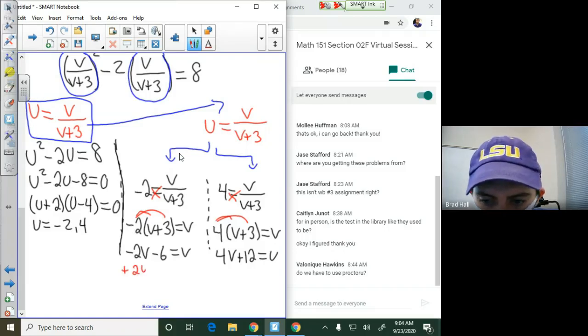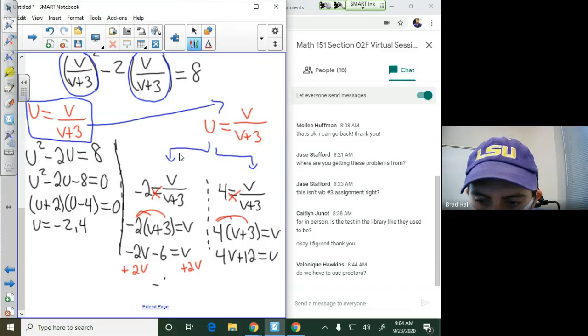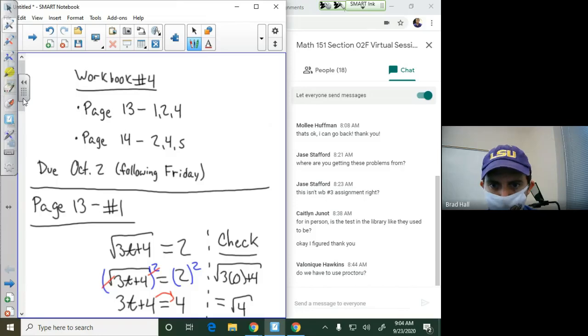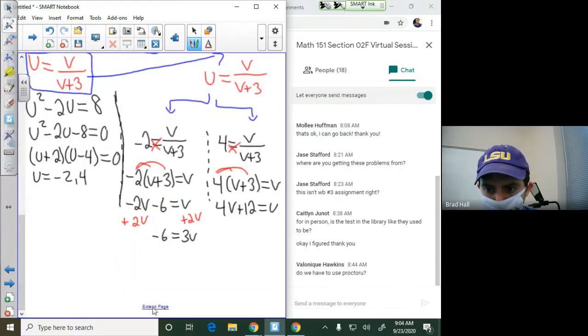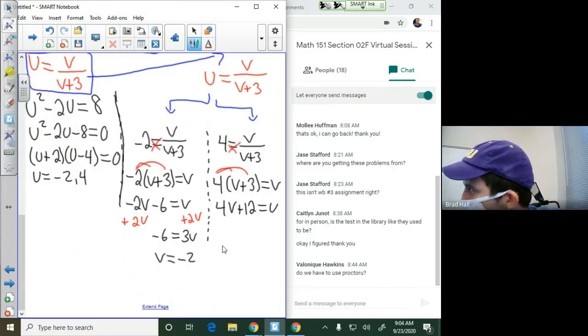For here, we can add 2v on both sides. And we would get that v is -2.